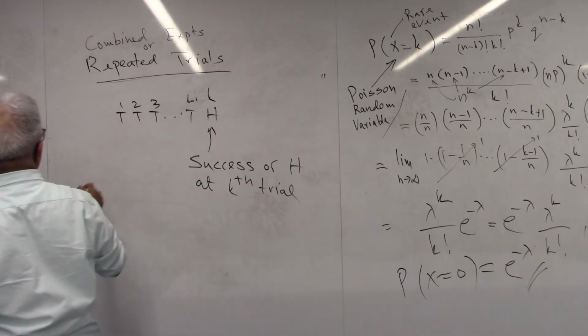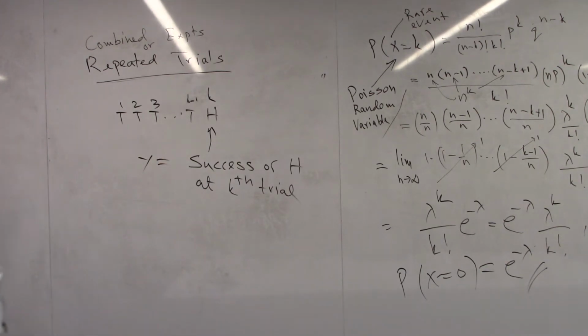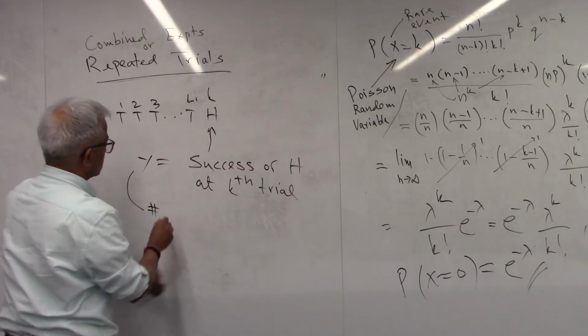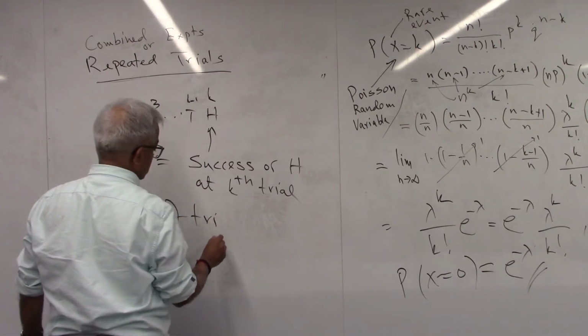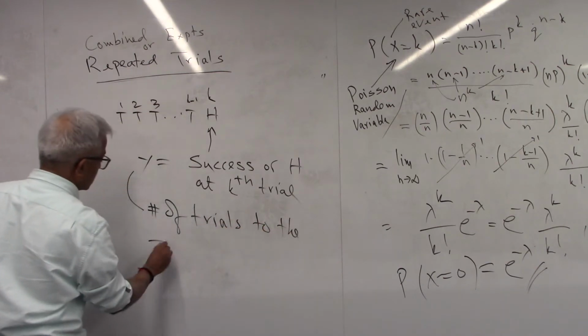So I'm going to denote this by a new random variable. Y represents the number of trials to the first success.